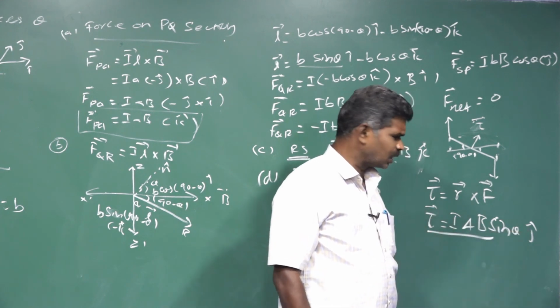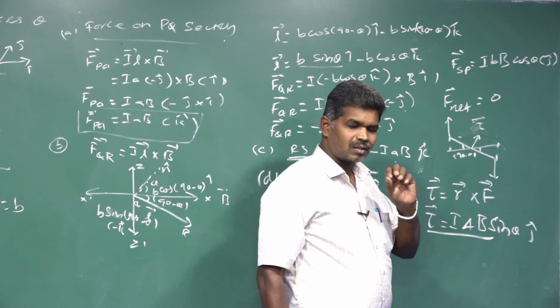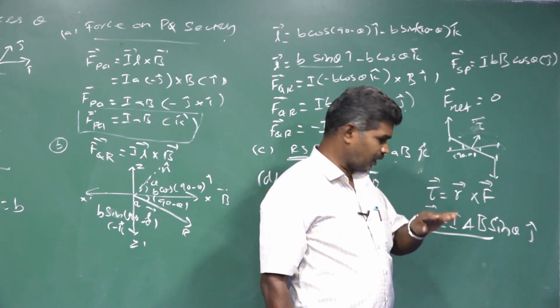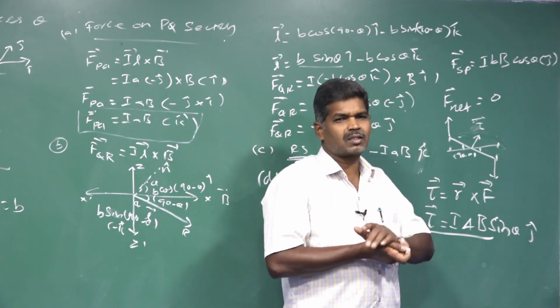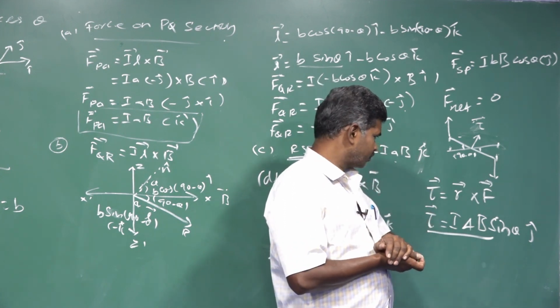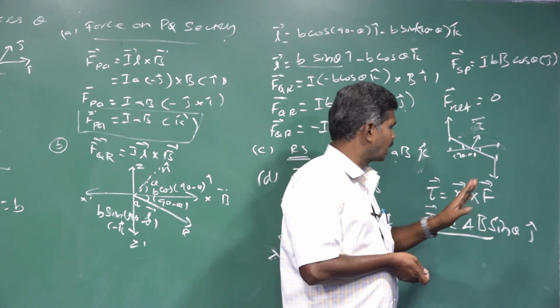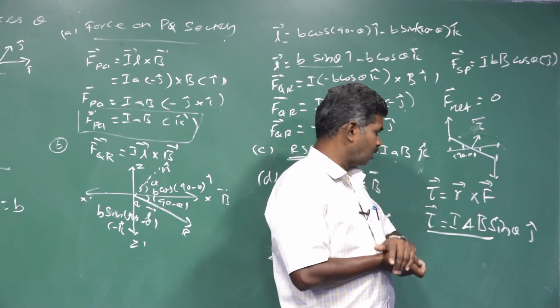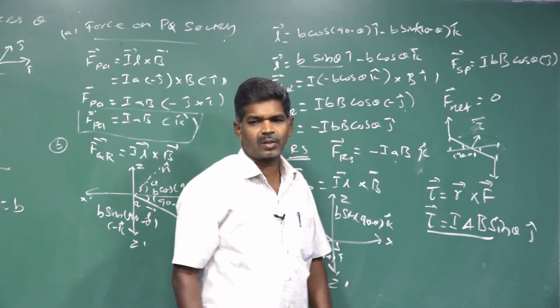If we substitute any value of theta, where the normal makes some angle with the magnetic field, we get the torque on the rectangular loop. That is tau vector equals IAB sin theta into j cap, the general formula for the torque on a rectangular loop when it is placed in a magnetic field.